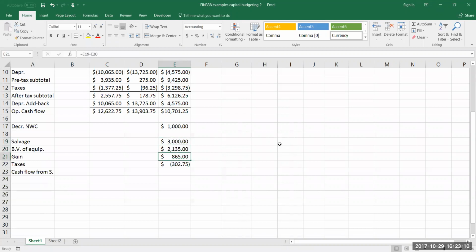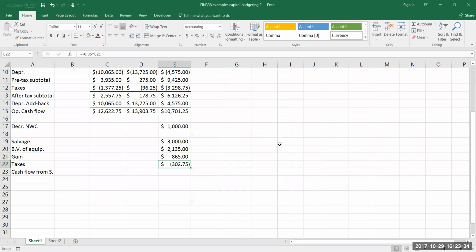I made a profit of $865 on the sale, but nobody gave me a check for $865. I did get a check for $3,000. So that $3,000 was cash. This gain is not cash. The gain is merely a way of tracking how much of what I sold the machine for was a profit. So this gain is not a cash flow, so we will ignore that.